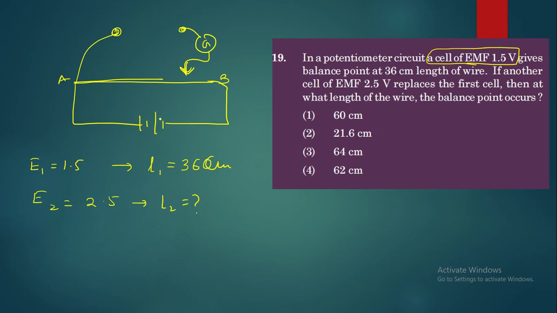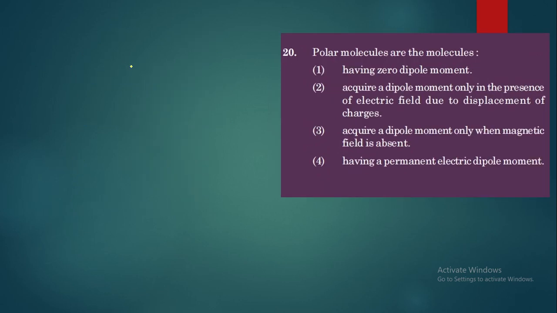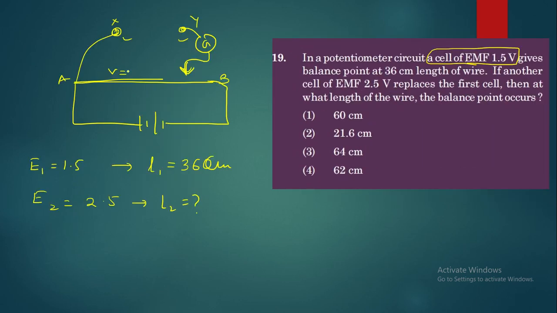In a potentiometer, whatever electric component we put here, its electric potential will be equal to the electric potential of the wire. So when I write E1 by E2, for E1 the electric potential will be the voltage gradient K multiplied by L1, and for E2 it is K multiplied by L2.